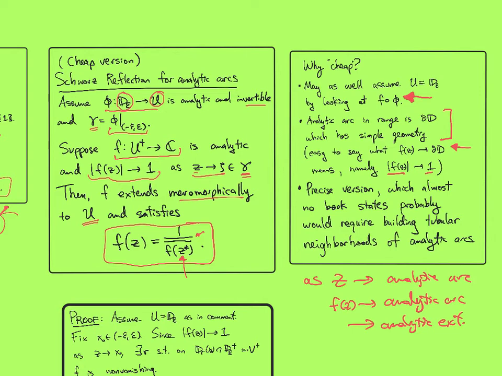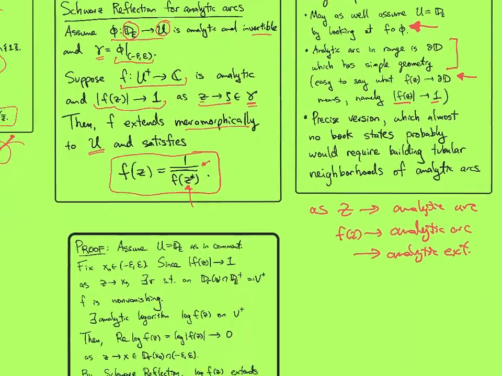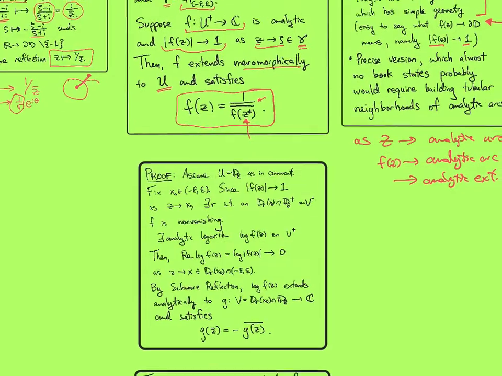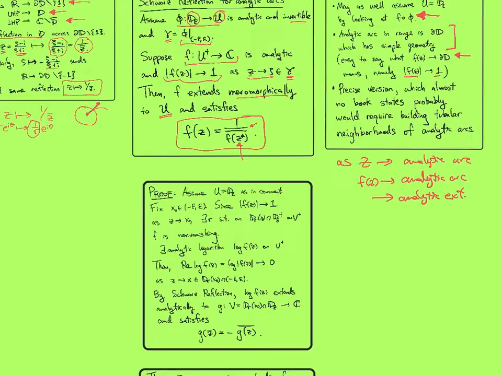Some give just intuitive explanations. Okay, but as in the comment, to prove this, we may as well replace f with f of phi and assume that you have f mapping from the disk into the complex numbers, and it tends to 1.